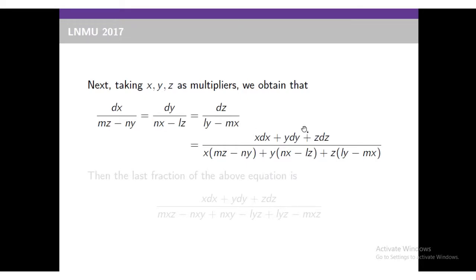Here also you can see that after calculation this denominator becomes 0, because here it is plus mxz and here it is minus mxz. Here it is minus nxy, here plus nxy, and here it is minus lyz and here it is plus lyz.